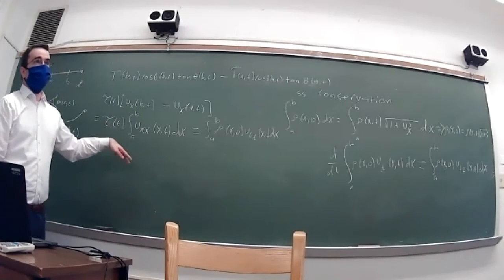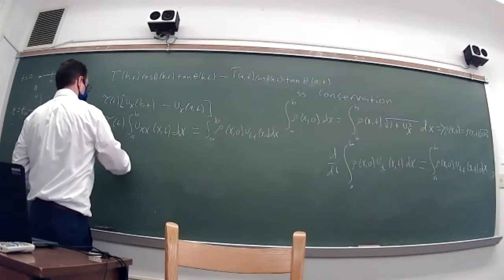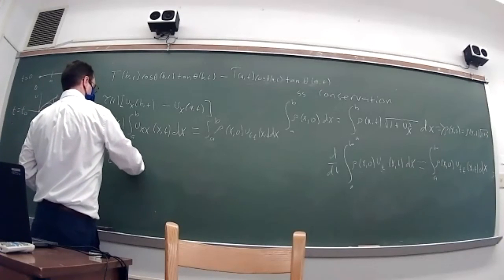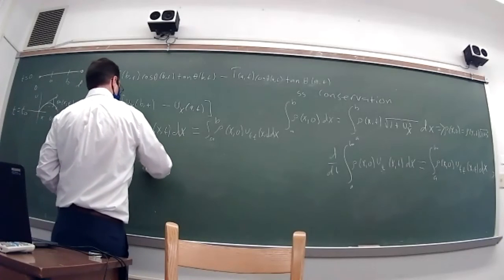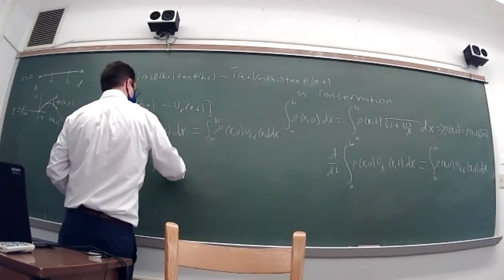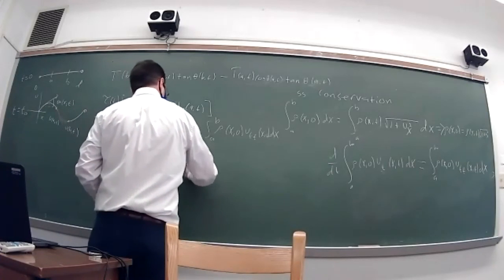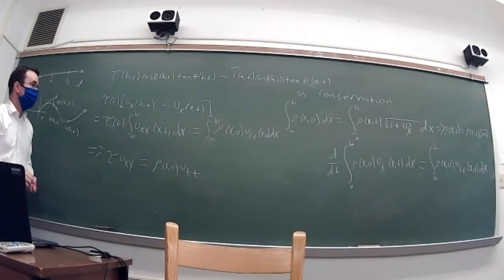So therefore, the integrand has to be 0, suppressing the variables on u_xx and u_tt.